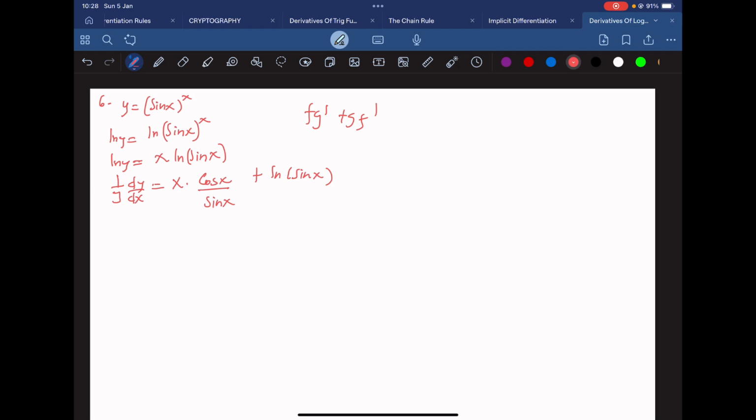So in this case, we have 1 over y dy/dx. Remember, what is cos over sine? Cos over sine is just cotangent, right? So we have x cot x plus ln of sine x. So to find dy/dx, we just have to multiply the right hand side by y.